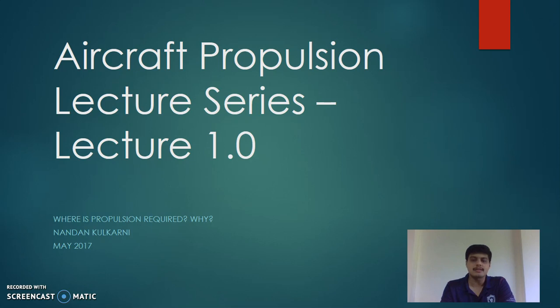So in the previous lecture, after Newton's law, in today's lecture, as you read the title, it is where is propulsion required and why. You see, critically, propulsion is not only in aviation, as I have mentioned. It is of course required in rockets. And in rocket propulsion, the fundamental gamut is itself different because you don't want to just make any object fly, but you actually want to lift it up high in the orbit.